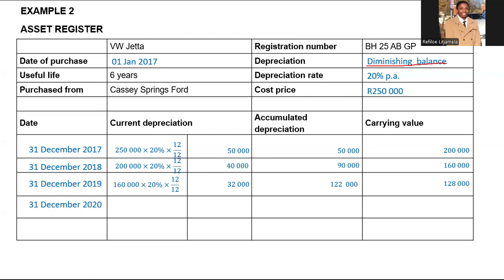What do we do next? How do we calculate depreciation for the year ended the 31st of December 2020?